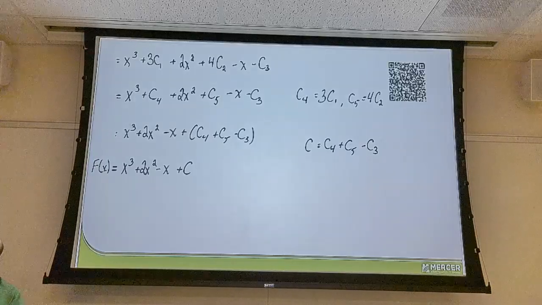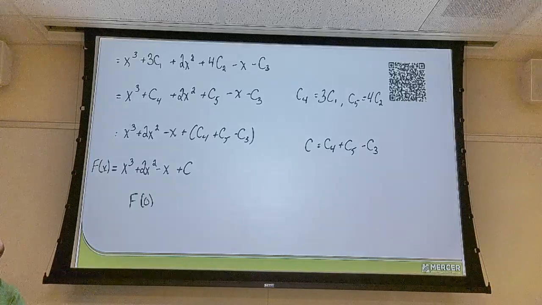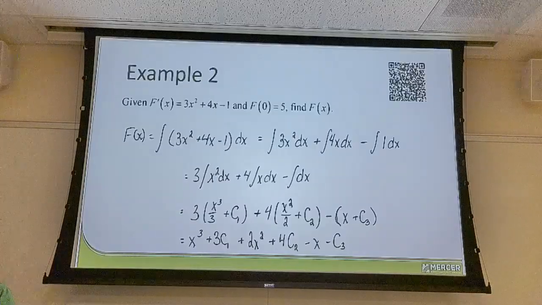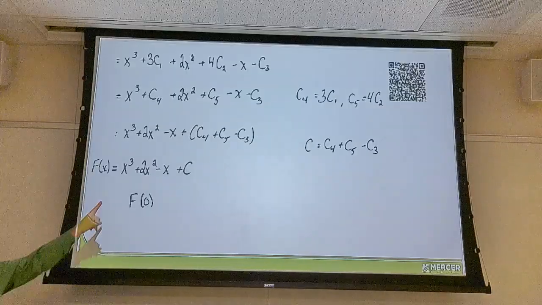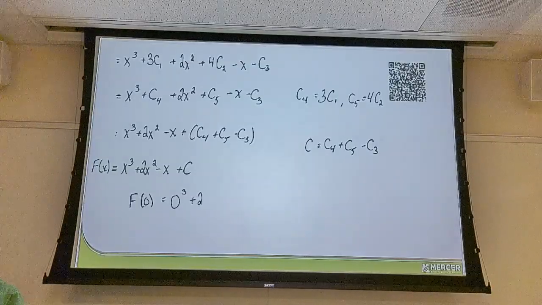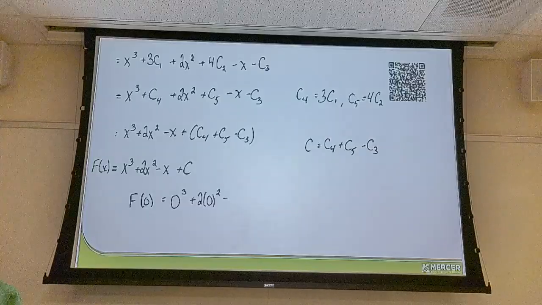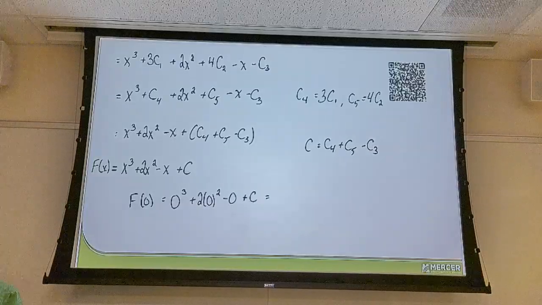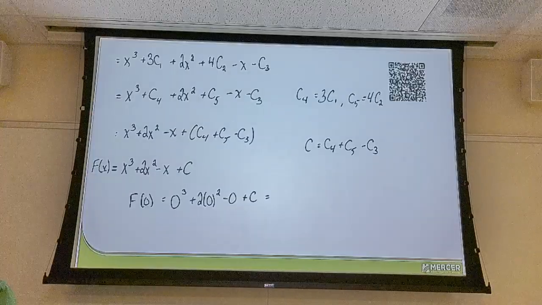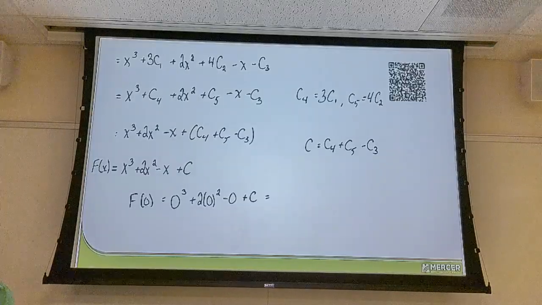But we're told f of 0 has to equal something. Has to be 5. Well, plug in 0. What's 0 cubed? What's 0 squared? What's 2 times 0 first? And then 0 plus 0 minus 0.